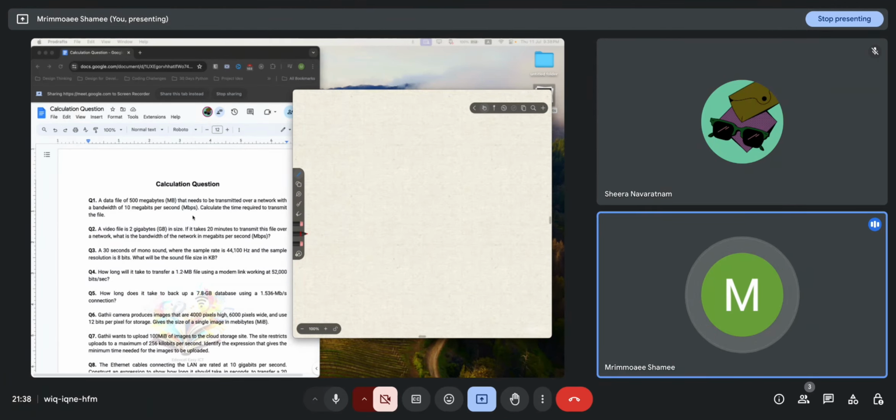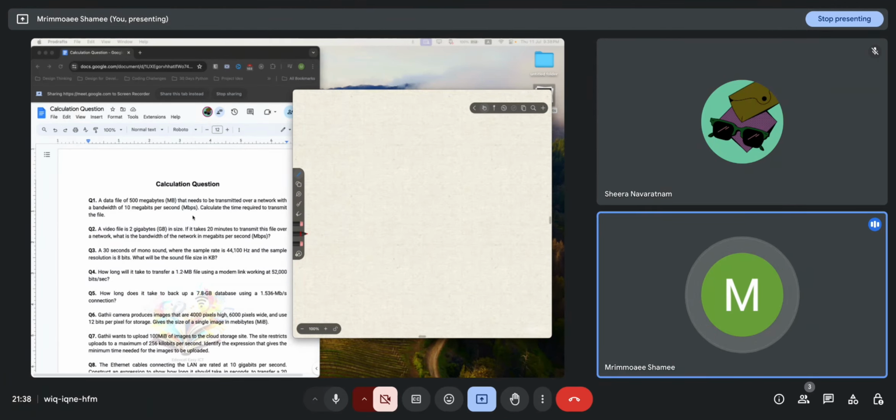The file size is 500, whereas the bandwidth is 10 megabit per second. Sorry, this one is megabit per second, but here it is megabyte, right?